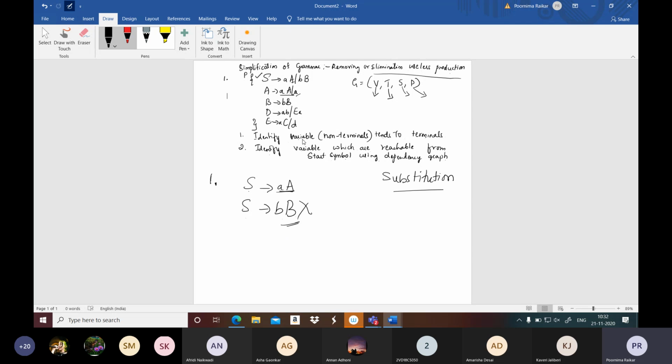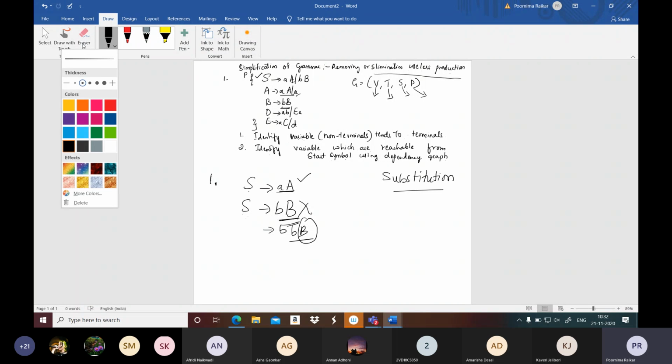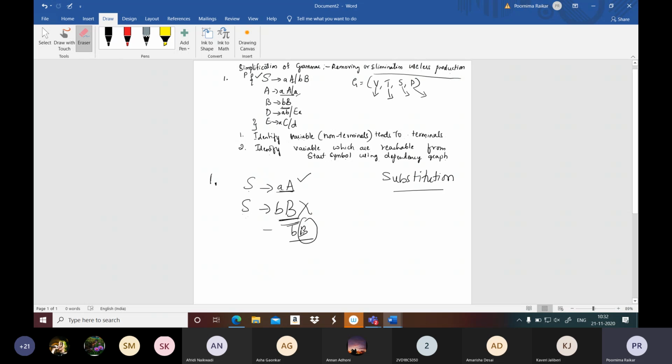B has only one substitution, that is BB, so one capital B will always remain. That means I cannot get terminals from this rule, so I cannot take this rule now. I'll put a cross mark. Second one: A can be substituted with small a or AA.